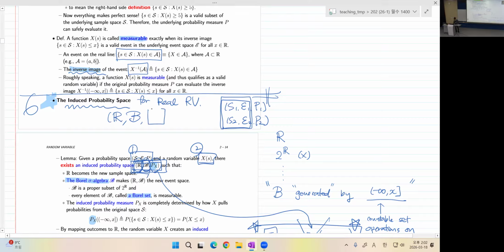So from this probability space, we may assume that there is an underlying probability space and a measurable function that induces this new probability space.